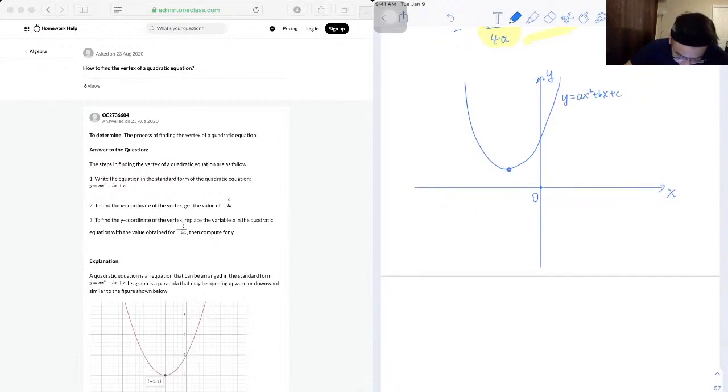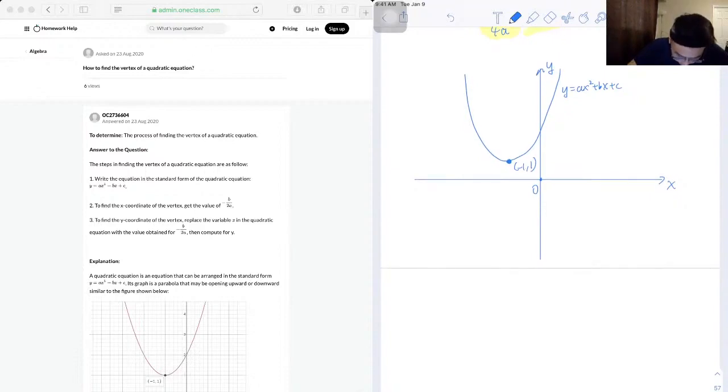And here the point is negative 1, 1. And there's another parabola here. This point is going to be negative 1, negative 1.